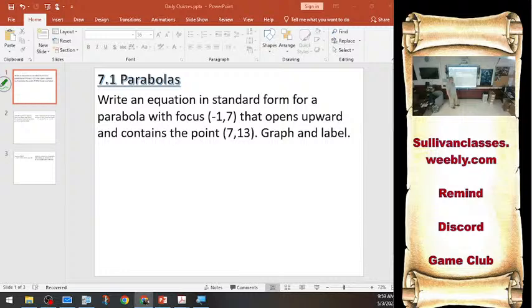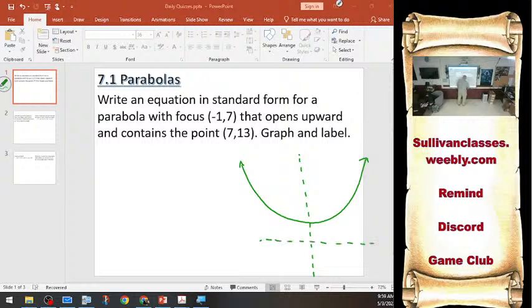Write an equation in standard form for a parabola with this focus that opens upward. As soon as I hear opens upward, I'm going to draw a generic parabola opening upward with an axis of symmetry, a directrix, a vertex, and a focus.